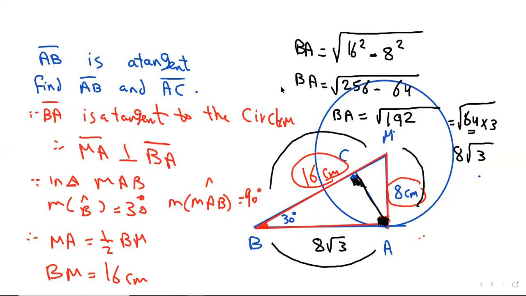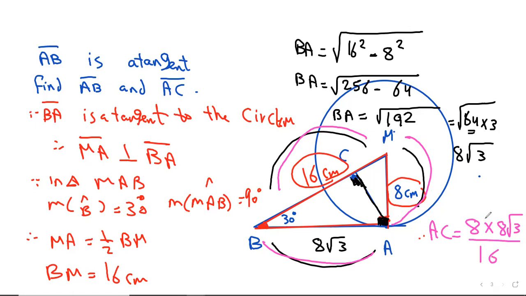So AC equals AM multiplied by AB divided by BM. So AC equals 8 times 8 root 3 divided by 16. We can simplify: divide by 8, divide by 2. So AC equals 4 root 3. That's it.